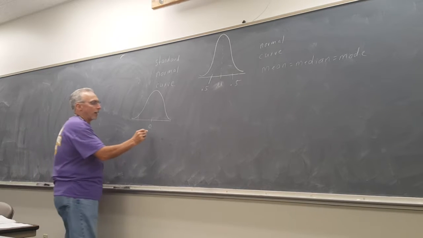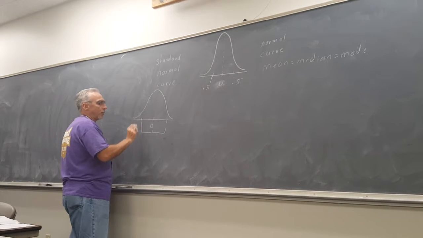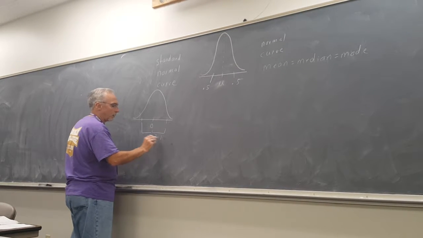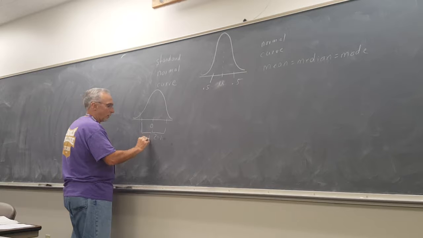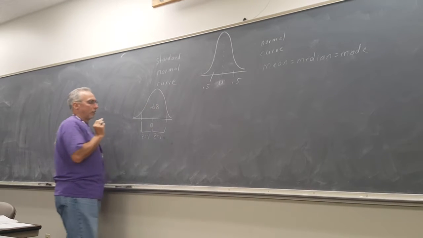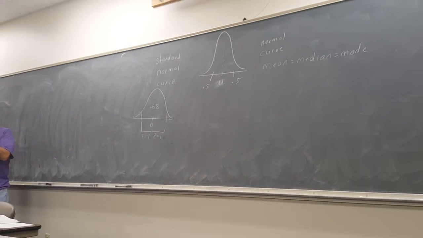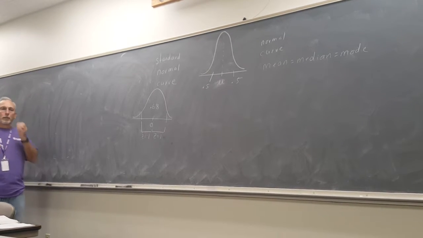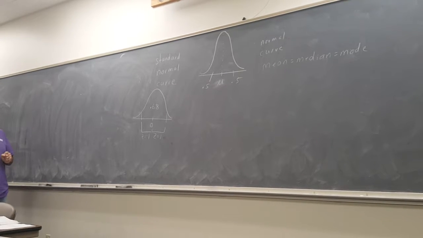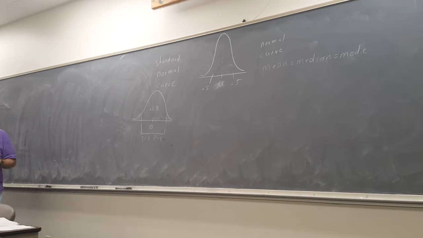Okay? So if I go one standard deviation over here and one standard deviation here, my z-score is 1, -1, and I still have 68%. So that's a standard normal.